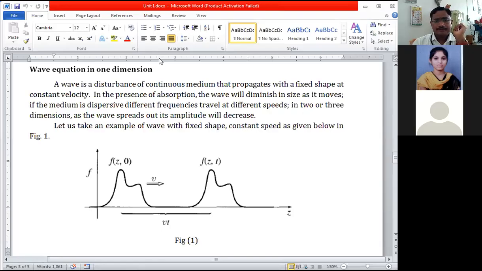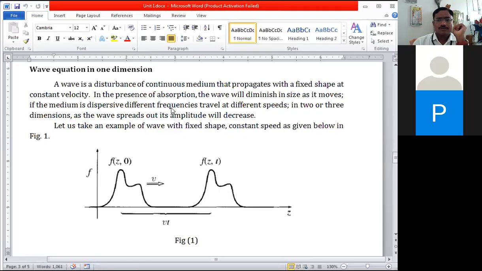What is a wave? Priyanka brother. हाँ सर. What is a wave? हाँ. What is a wave?